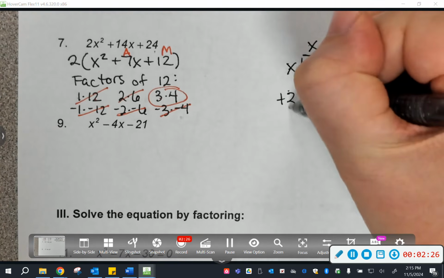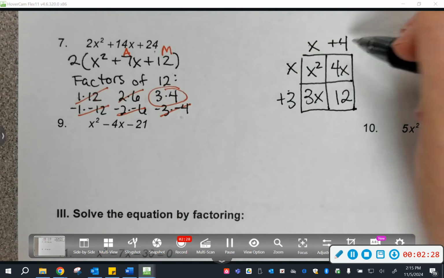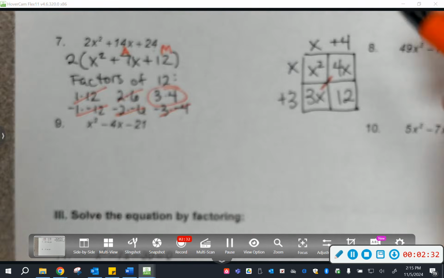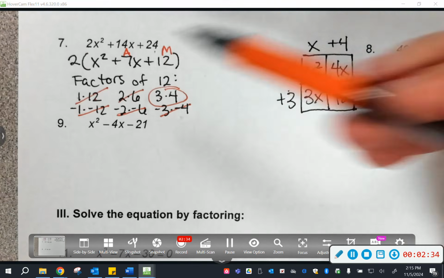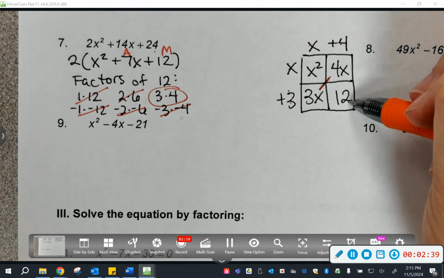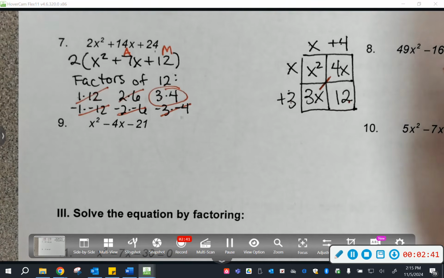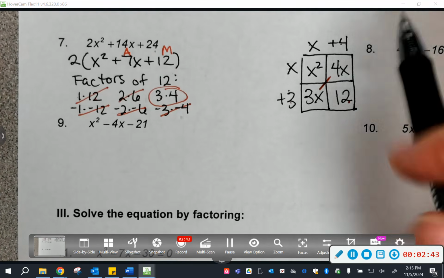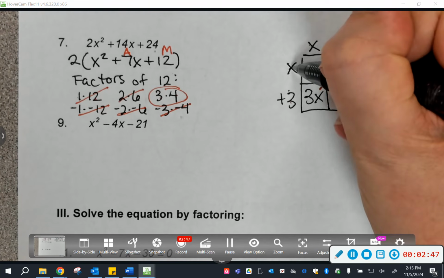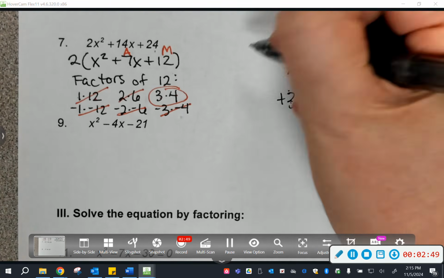X times 3. And double check. Do our 3x and 4x add to the b value we wanted, 7x? Yes. And do 4 and 3 multiply to our c value, 12? Yes. So we're happy with our work. That means that x squared plus 7x plus 12 can be factored as x plus 4 times x plus 3.